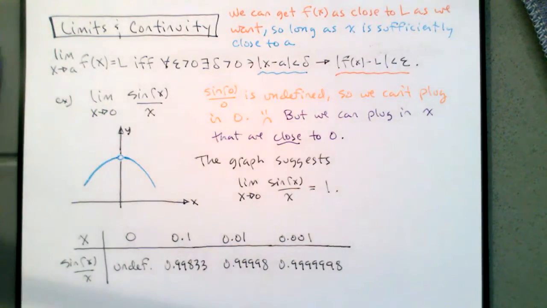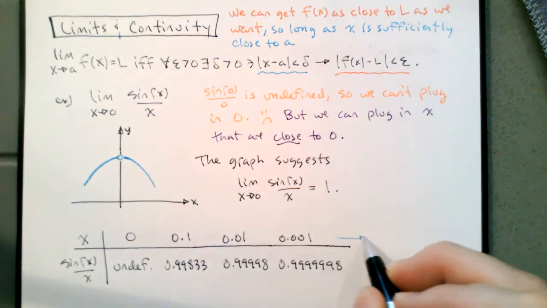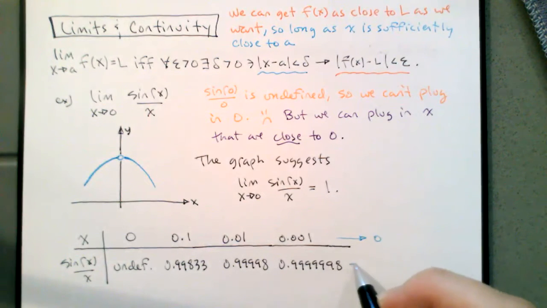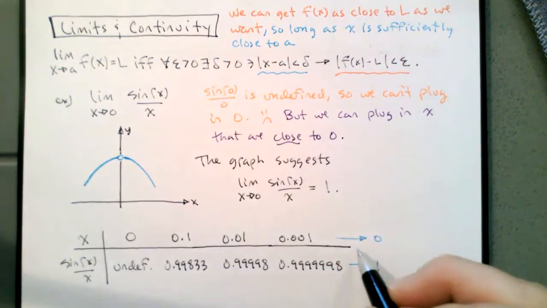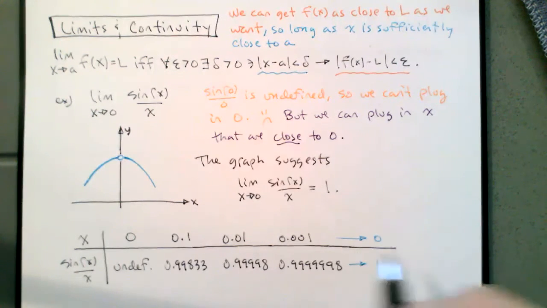So even though I can't plug in 0, it looks like as x approaches 0, the function is approaching 1. As the values of x get closer to 0, the values of the function are getting closer to 1.